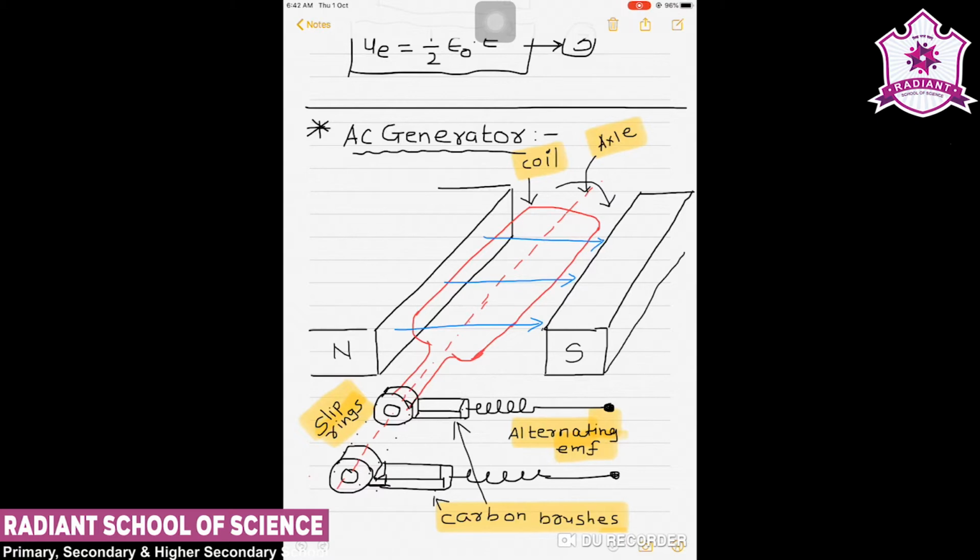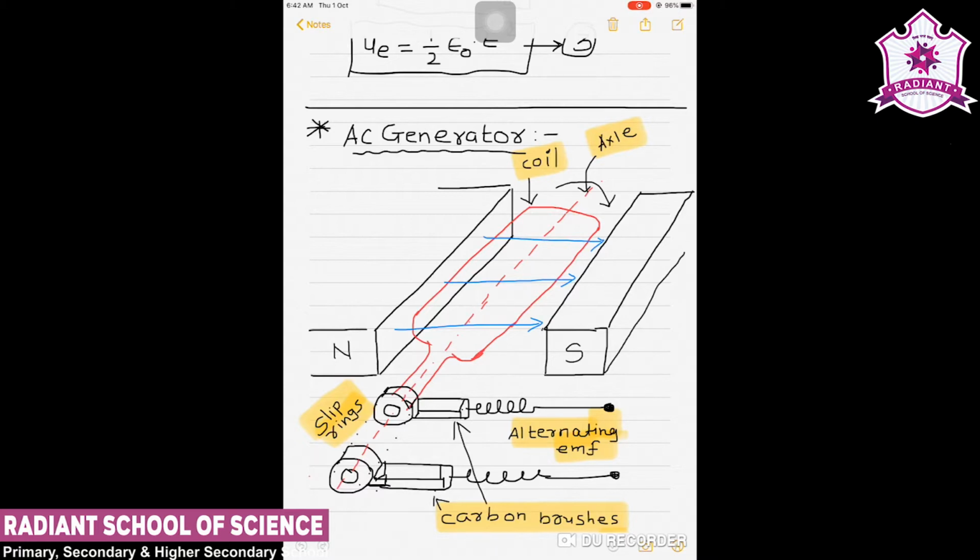If we change the orientation of the loop continuously, then the effective area related with the loop and the magnetic field will change continuously. Here the blue arrow in the figure shows the direction of the magnetic field, which is kept fixed.